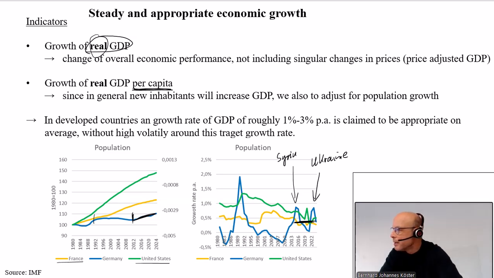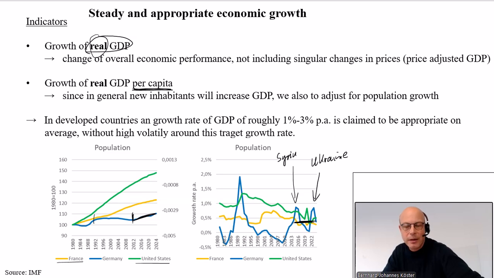This was more than 1 million people coming into our country within a year. And then, looking at the economic growth, it means that maybe 0.5 or 1 percentage points of overall growth were only dependent on the high migration quota within these years.